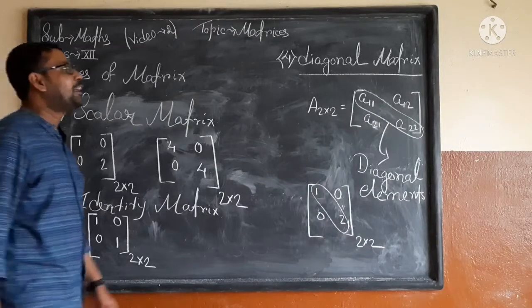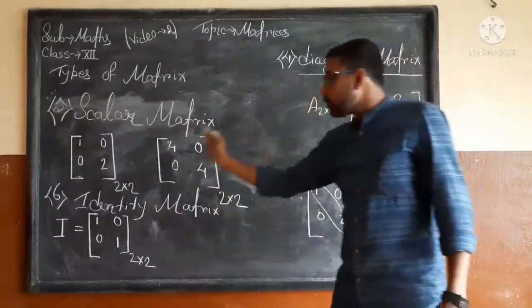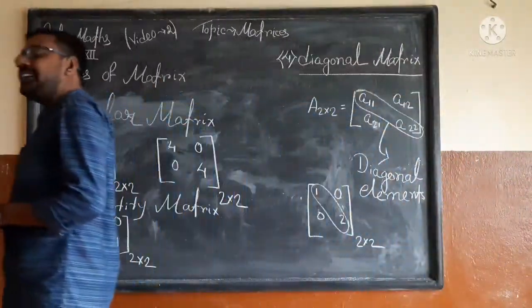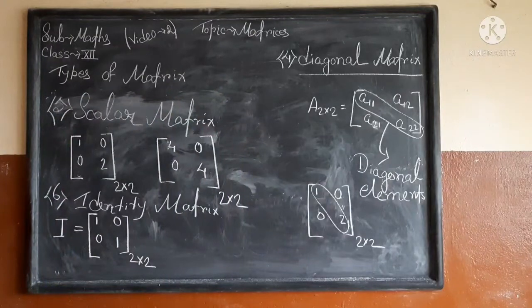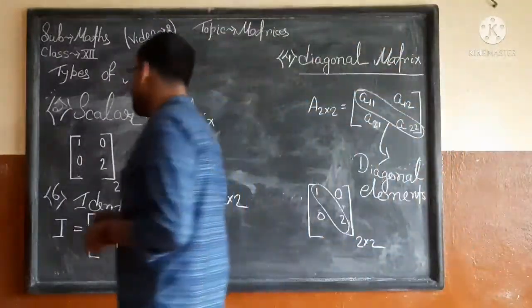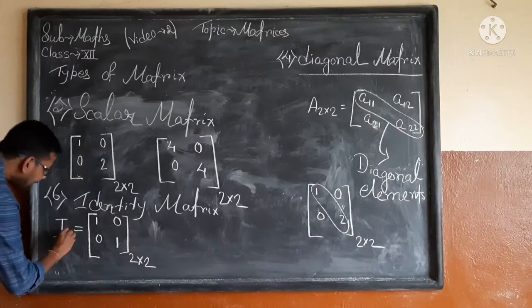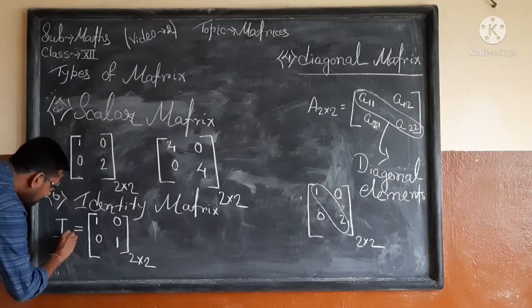And always remember, the diagonal matrix, scalar matrix, and the identity matrix are all examples of the square matrix. Okay? So the 2 cross 2 identity matrix is represented by a specific symbol, that is I2.